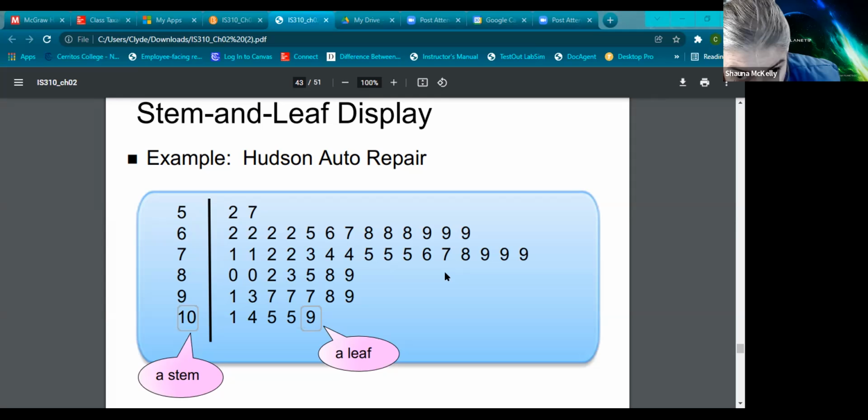This is each individual data. So 62, 62, 62, 62, 65, 66, 67, 68, 68, 69, 69, 69, and so forth.